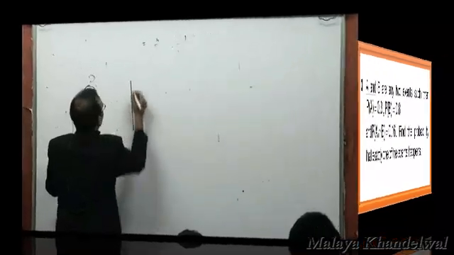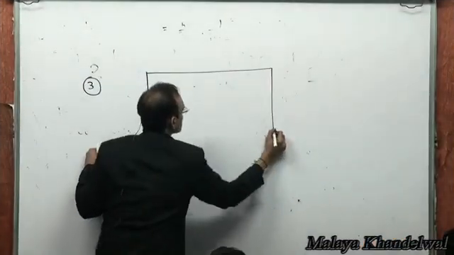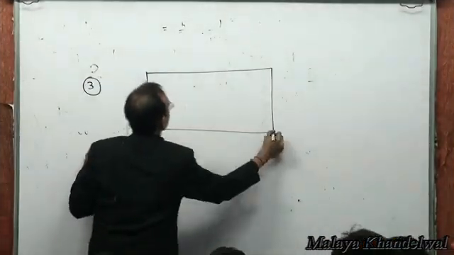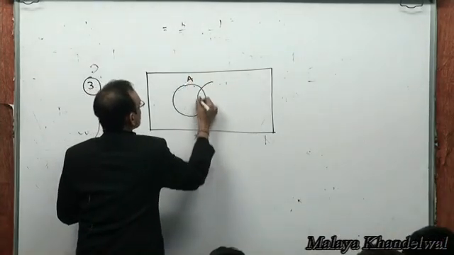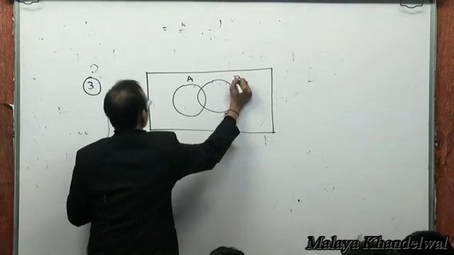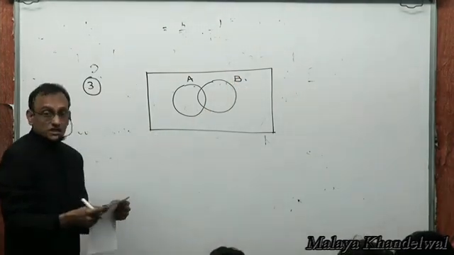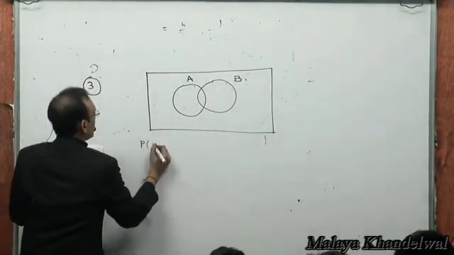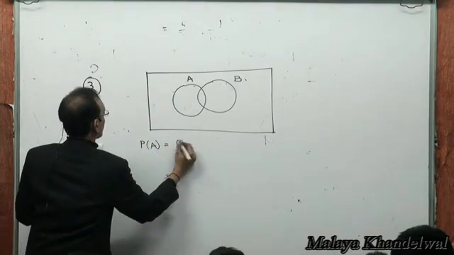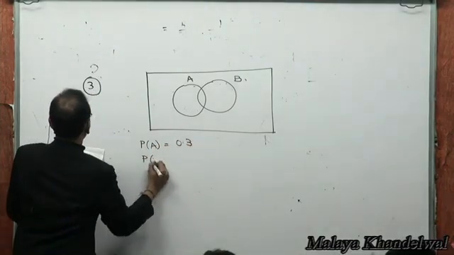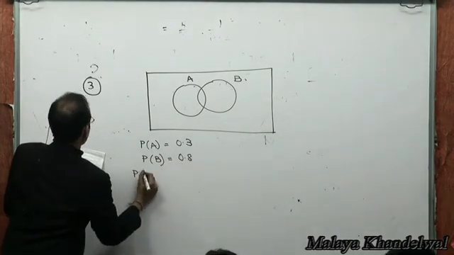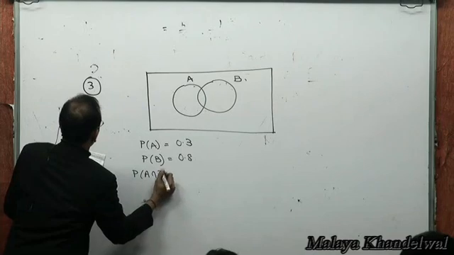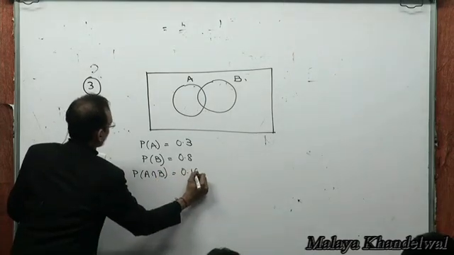A and B are any two events of a sample space such that P(A) is 0.3, P(B) is 0.8, and probability of A intersection B is 0.16.